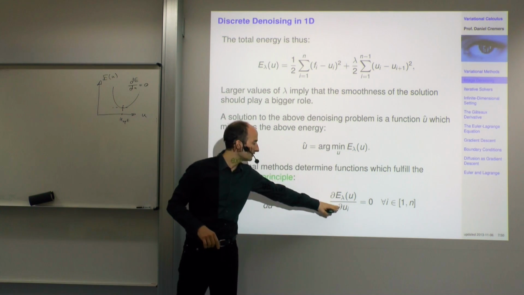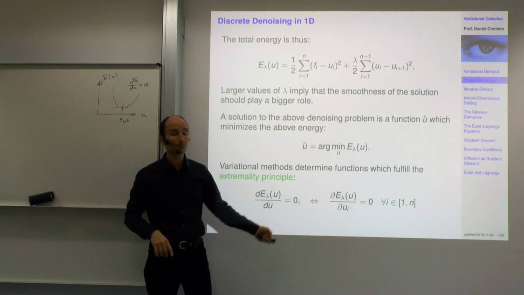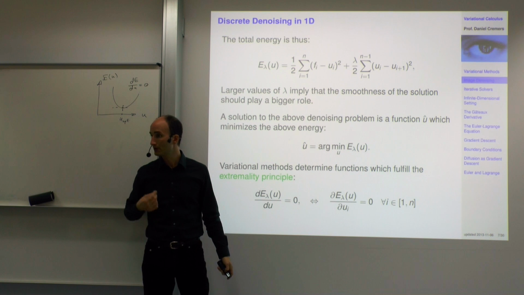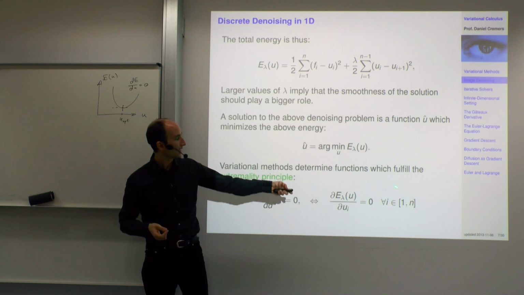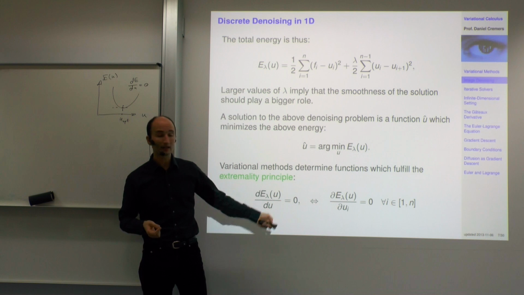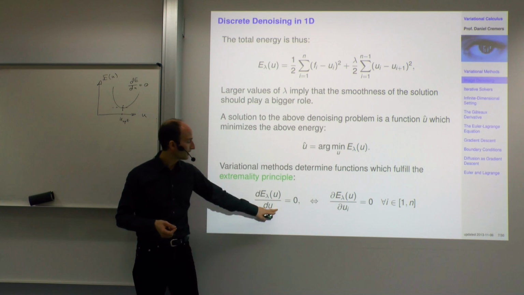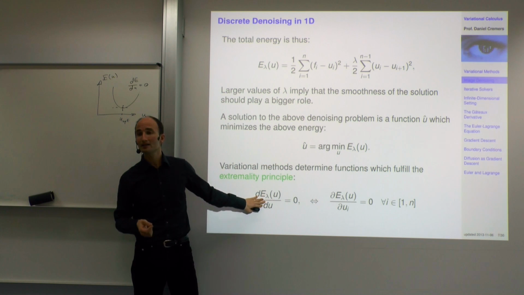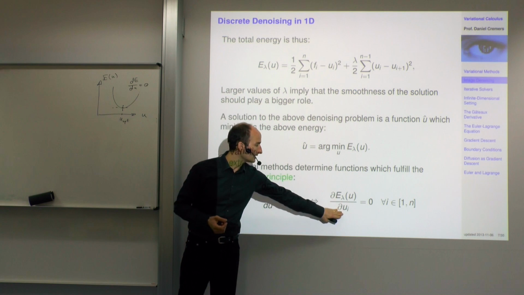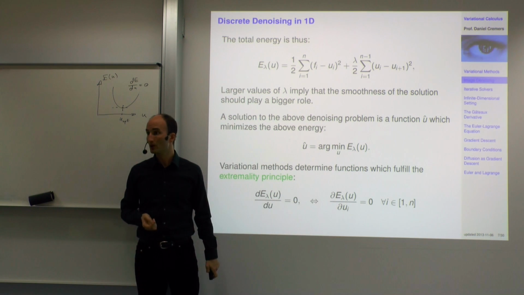So the derivative of E with respect to u1 must be 0, with respect to u2, u3, etc. So there are actually n equations in this. And this is often a little misleading. When you see dE by du equals 0, typically it's not one equation but many equations. And in the discrete setting with n pixels, this is n equations.